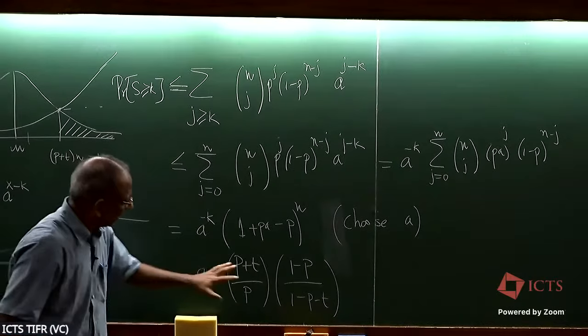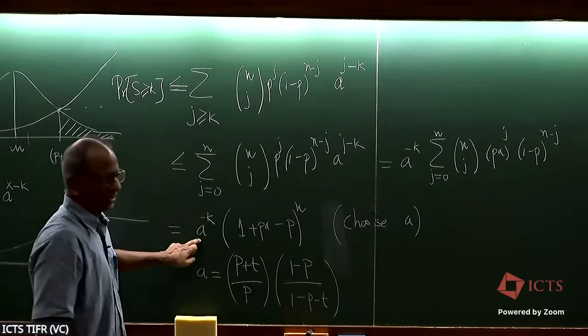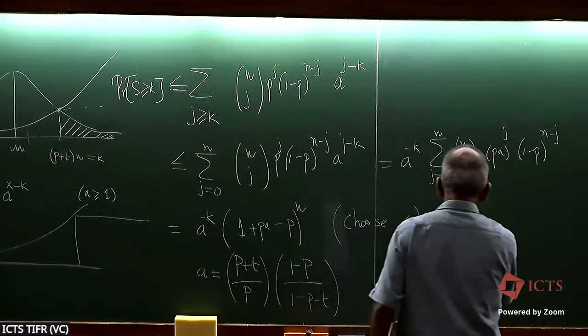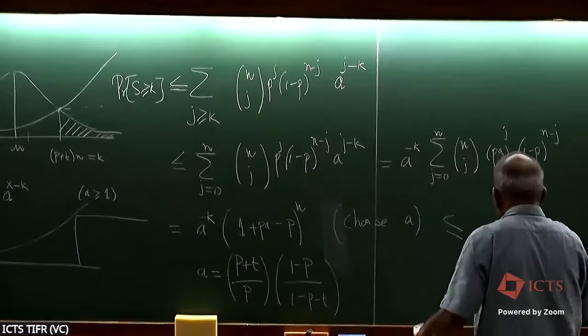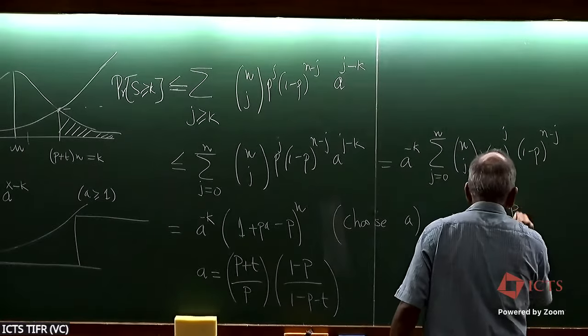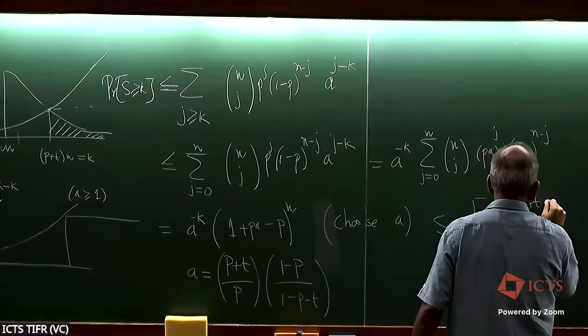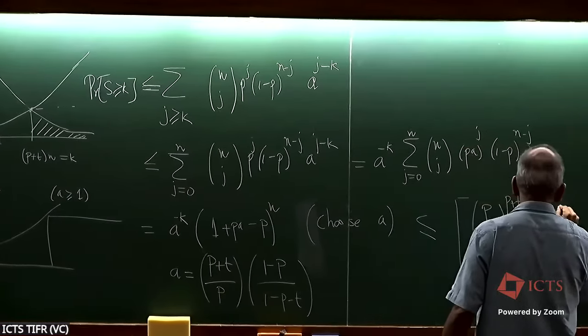Okay, so let us substitute this value of A into this. With this value of A, if you substitute, what do you get? p over p plus t to the p plus t, 1 minus p.